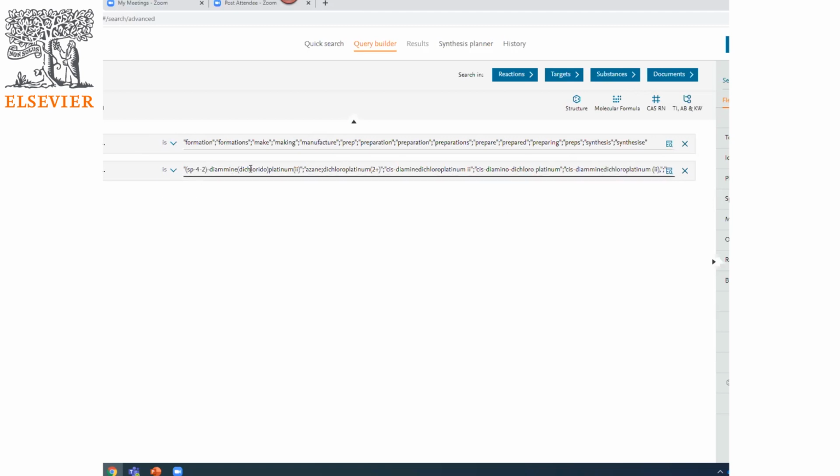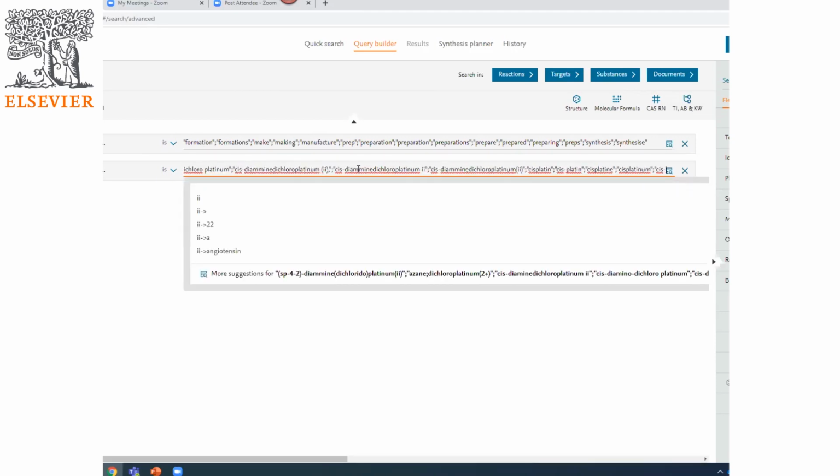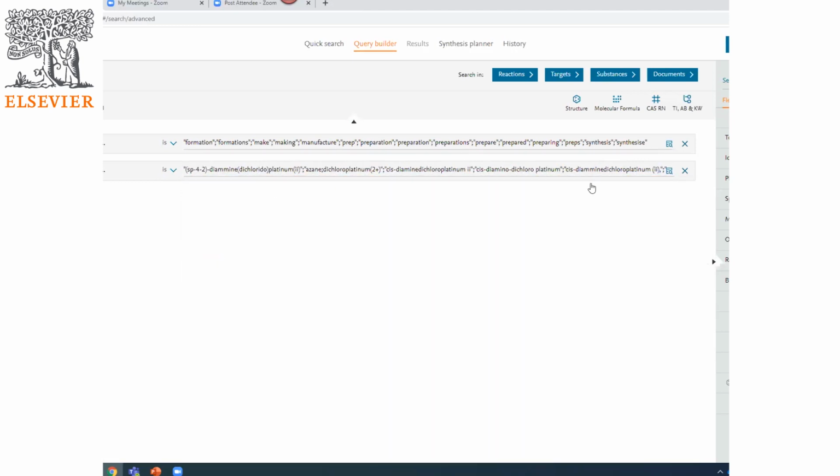Cisplatin is a drug name, but also a chemical compound, and as you see, there is a huge amount of different names of this compound. If you like it, you can say wow, or you can change it if you want to improve it. After you make some changes, you will need to click search in one of these databases.